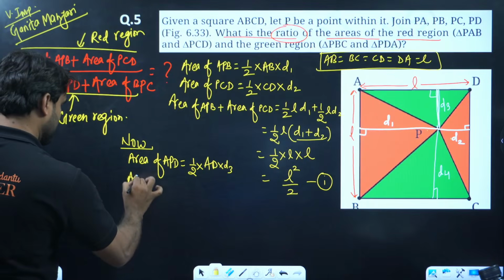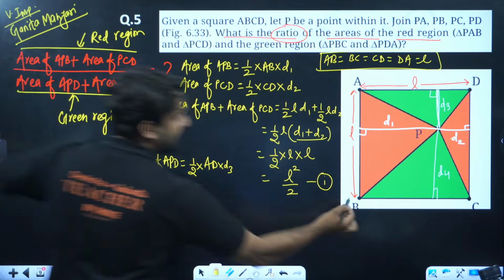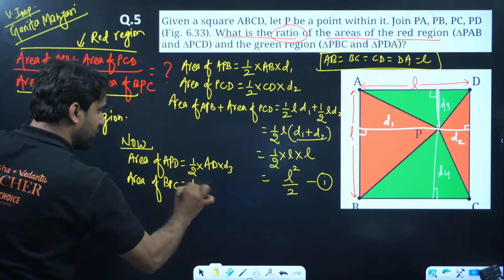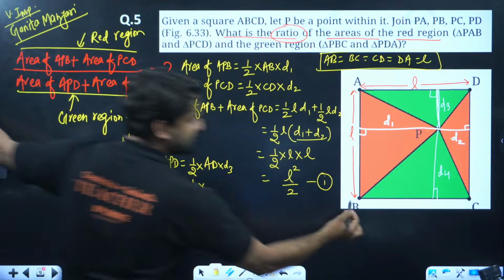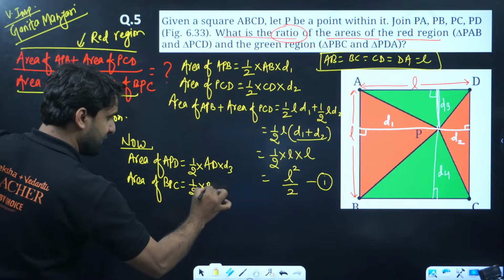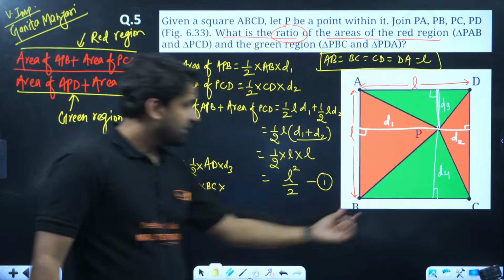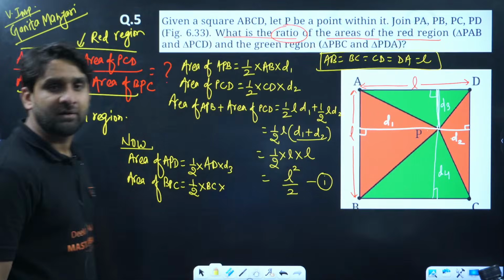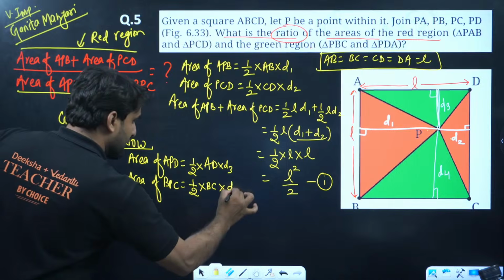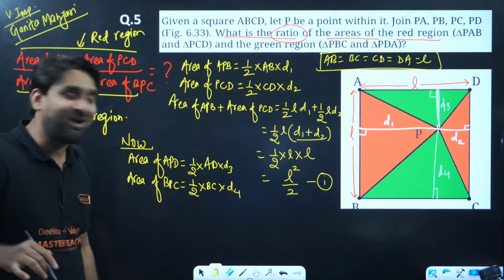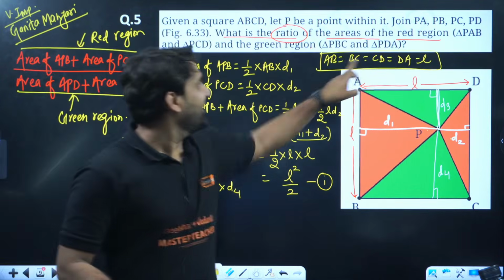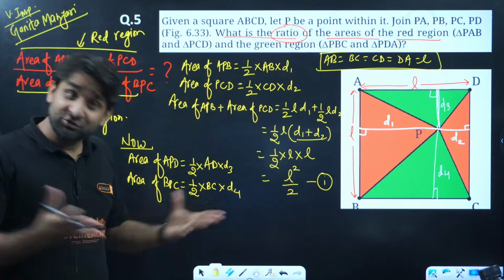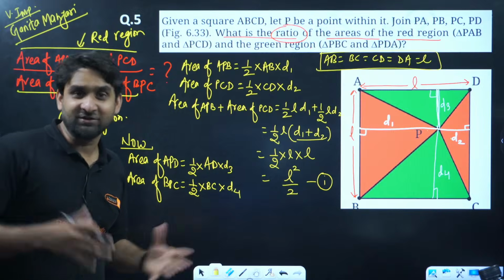And area of the second green part BPC, the formula will be half, base we have BC, and if we are taking BC as base, D4 will be the perpendicular. And do you know the interesting part? AD and BC both are L because both are sides of the square. So their sides will be equal to each other.